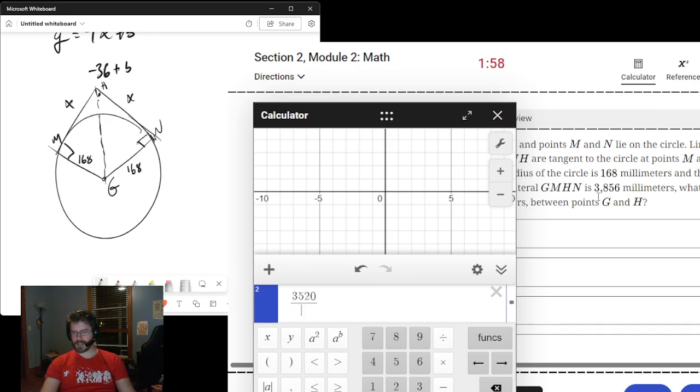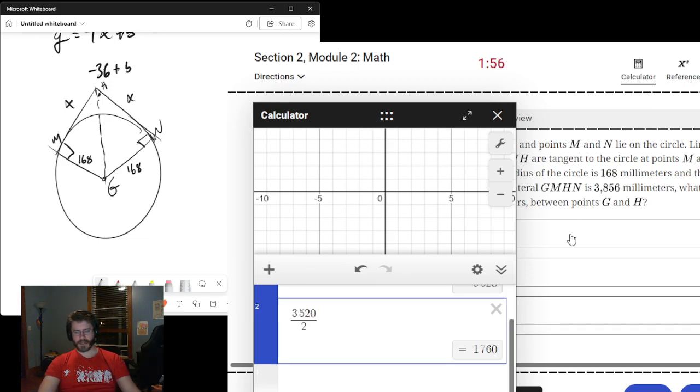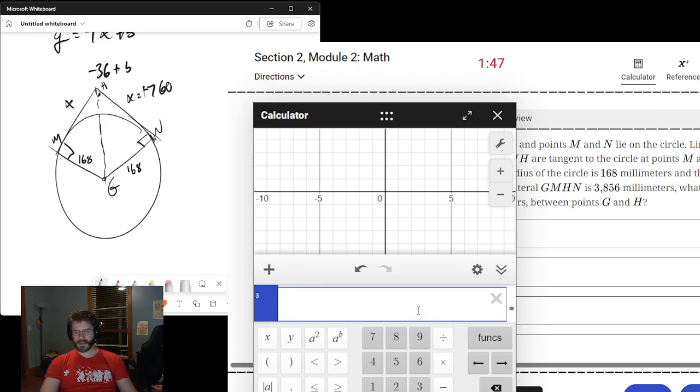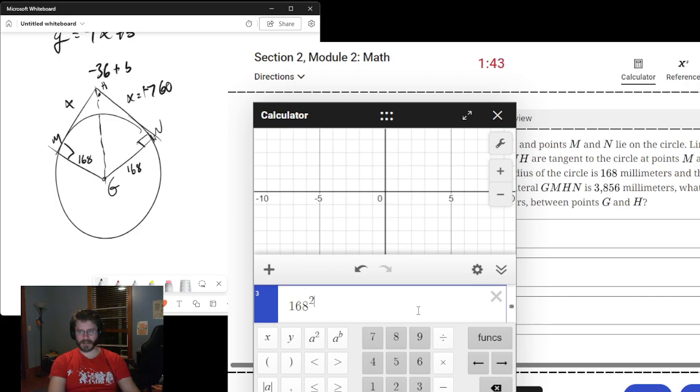That was 3520 divided by 2, and that gives us 1760 is the length there. Pythagorean theorem with that thing. 168 squared plus 1760 squared gives us that big old number, but we're going to go ahead and just wrap that in the square root.